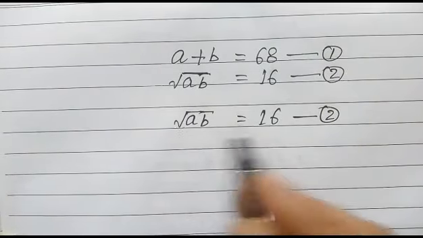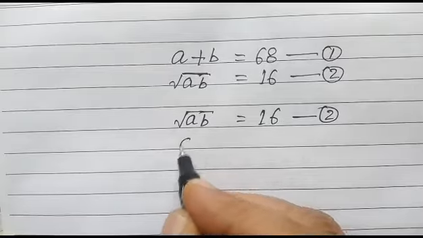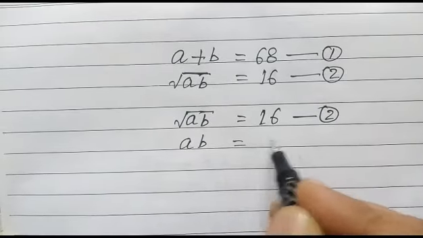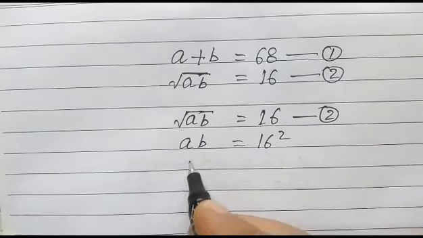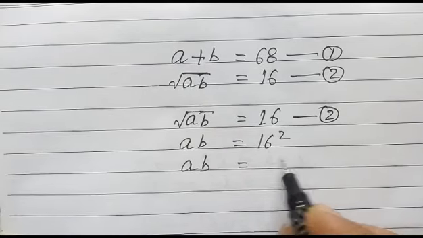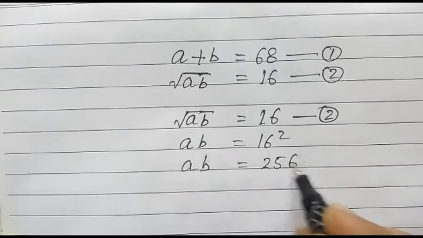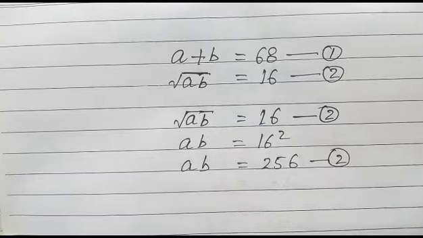On squaring both the sides, ab will be equal to 16 square, or ab is equal to 256, right?